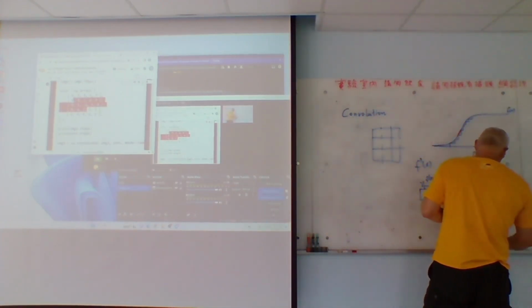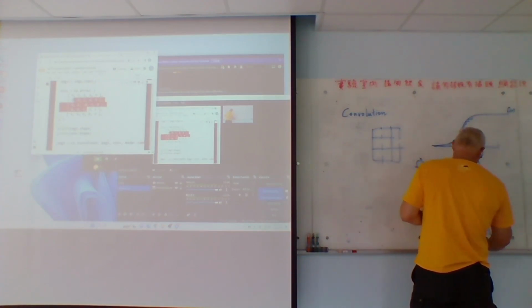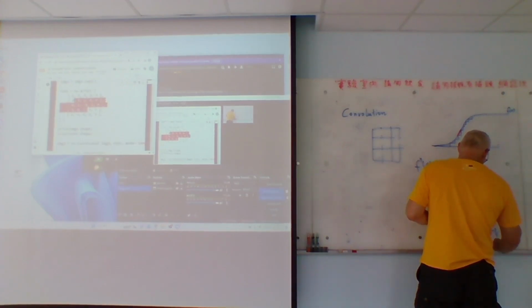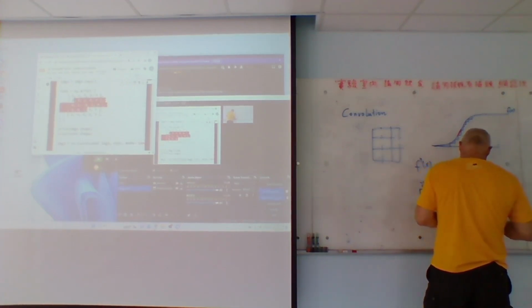Which, when I group it together, gives me plus 1 for the right pixel, minus 2 center pixels, plus 1 on the left pixel.